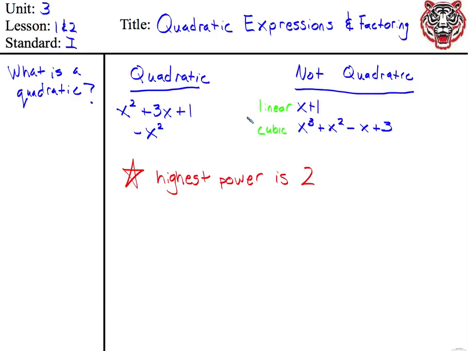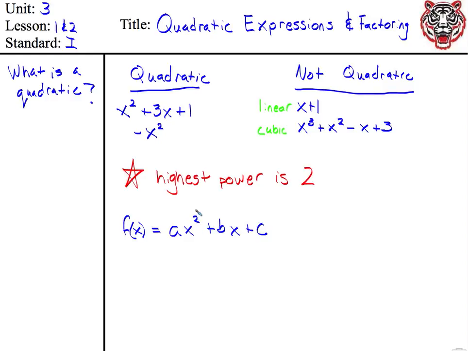So, okay. Let me add this to the form. So the quadratic form looks like this. You're going to ask the question. So generally, you want to write f of x is equal to ax squared plus bx plus c, where a, b, and c are all numbers.